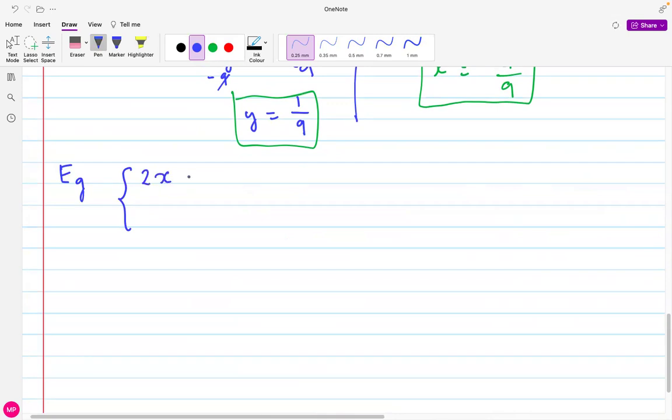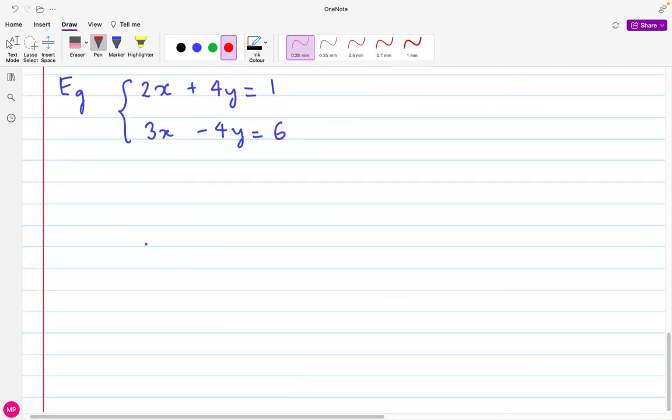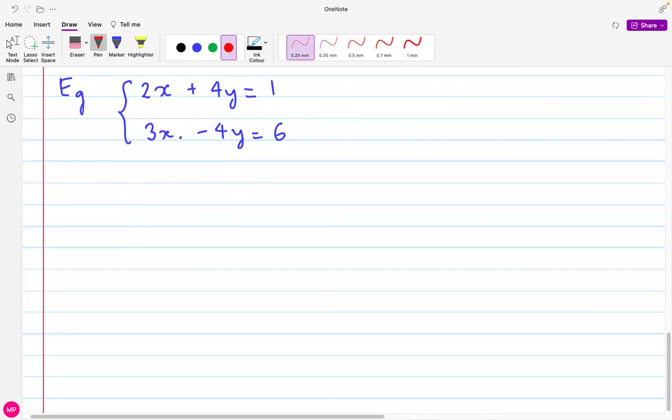I have 2x plus 4y equal 1, and 3x minus 4y equal 6, or something. So if you can see here, none of the equations have y equals something or x equals something, so I can't substitute anything in, right? So I have to come up with a new method, and that method is called elimination.